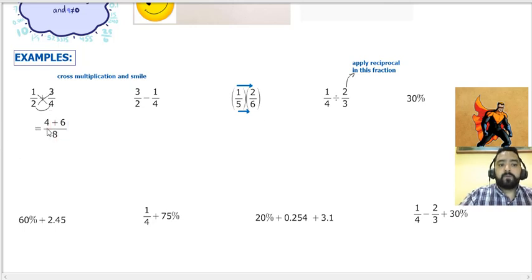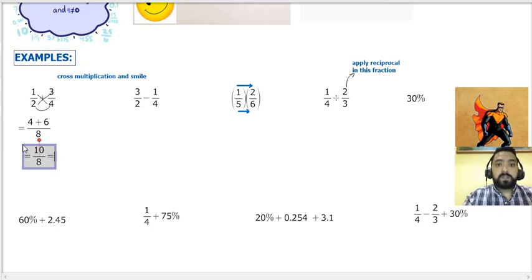You will have 4 plus 6 over 8, so 4 plus 6 is equal to 10 over 8. Sometimes it's necessary to simplify, so we divide 10 by 2 and 8 by 2, and your answer is going to be 5 over 4 in this example.